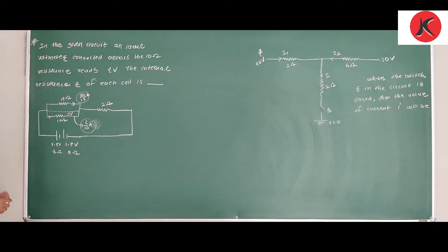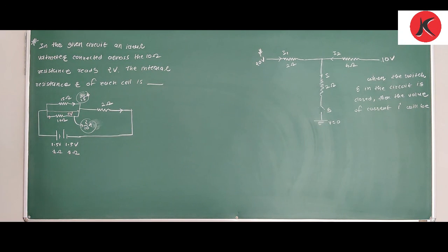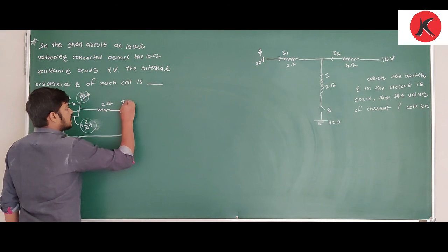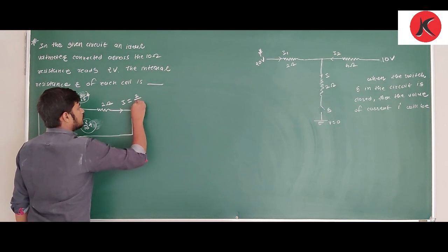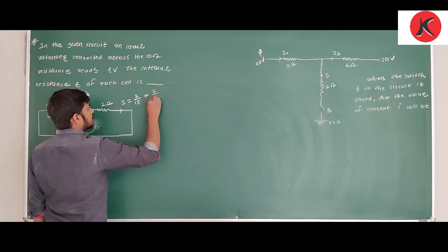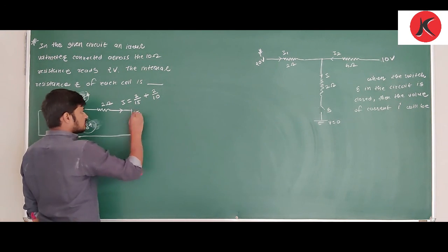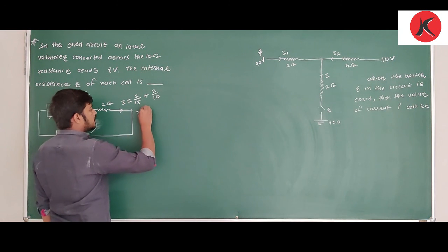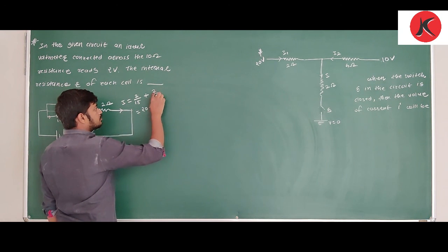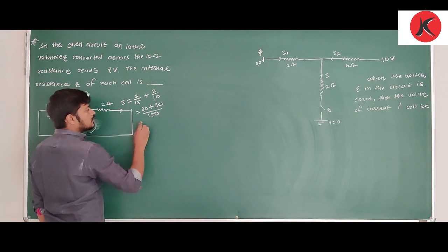So what is the total current flowing in this circuit? That current I is equal to 2 by 15 plus 2 by 10, which is 20 plus 30 divided by 150.